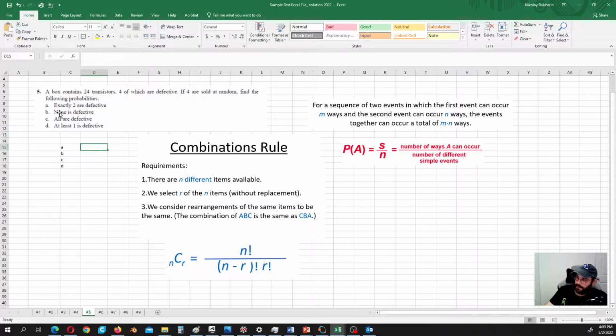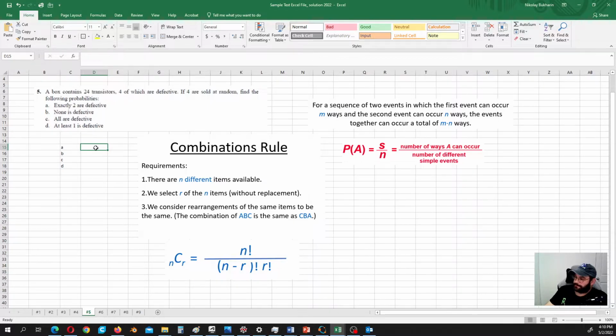Okay, so the first case. First case, we are selling 2 defective transistors, and then we sell 2 non-defective transistors. So we have 2 events. This is going to be our multiplication rule. And in order to calculate in how many ways those events will happen, we will use combination rule.